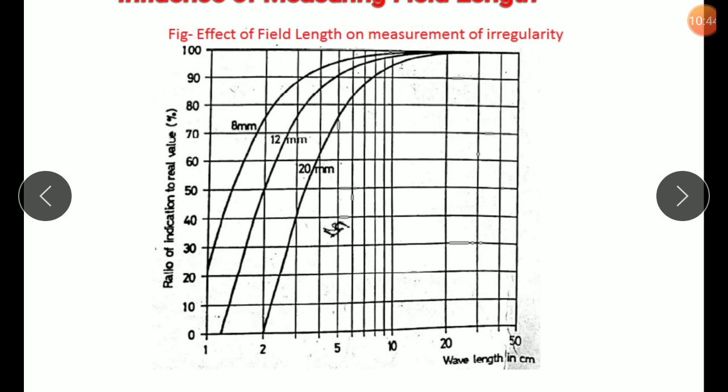The maximum amplitude in case of yarns corresponds to around 6.5 to 7 centimeters minimum. If it is higher than that, then even more of the variations will be indicated.